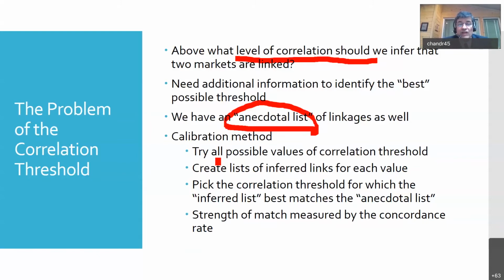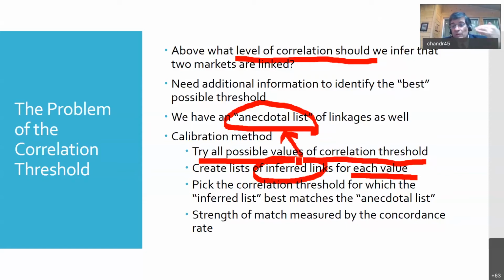So we're going to try all possible values of the correlation threshold: 0, 0.01, 0.02, 0.03, etc. For each value, we are going to generate what we call an inferred list of linkages. And then we're going to compare each of those inferred lists with the anecdotal list. And there's going to be lots of them, over 100 of these inferred lists, each one corresponding to a different correlation threshold.